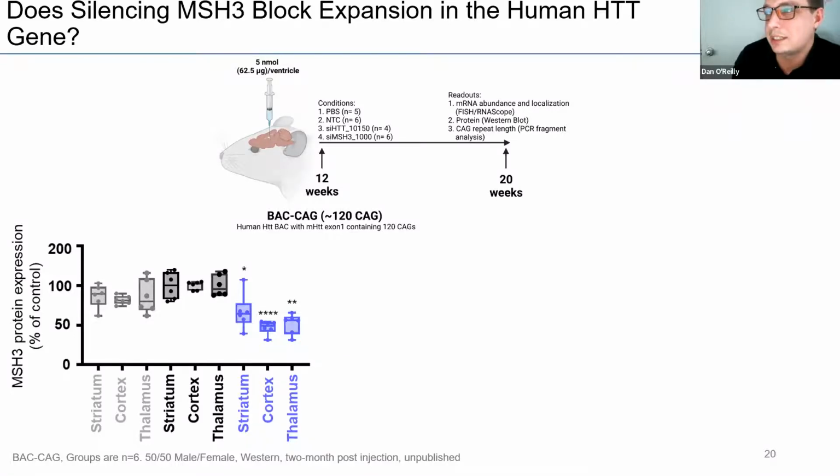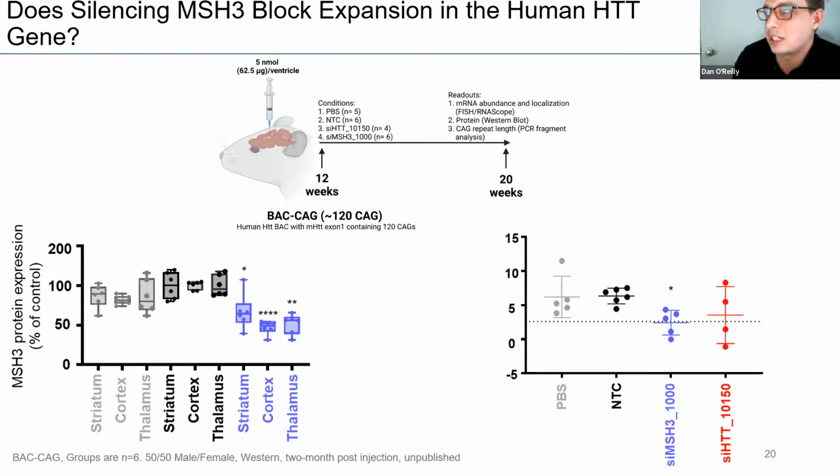But luckily, we still did the fragmentation analysis, and we actually do see statistically significant blocking of expansion between the NTC and the siMSH3, which suggests that actually you only need 50% silencing to potentially block expansion, which is really important for particularly silencing MSH3, which is in the mismatch repair pathway. So the less you can silence it to get your effect, the better, essentially.